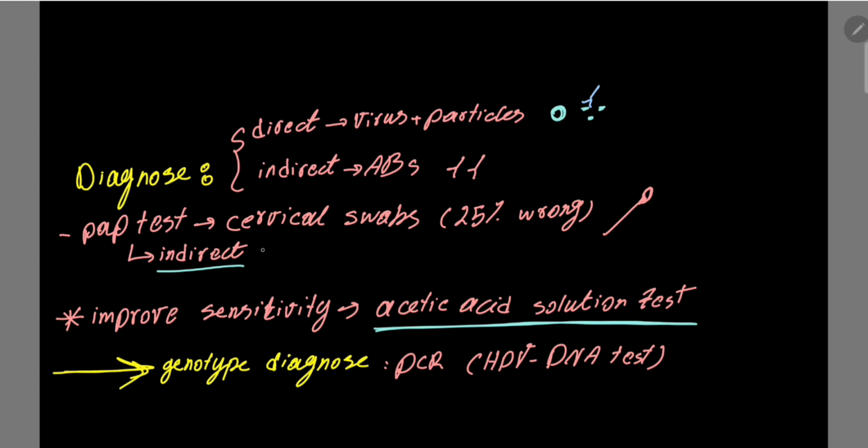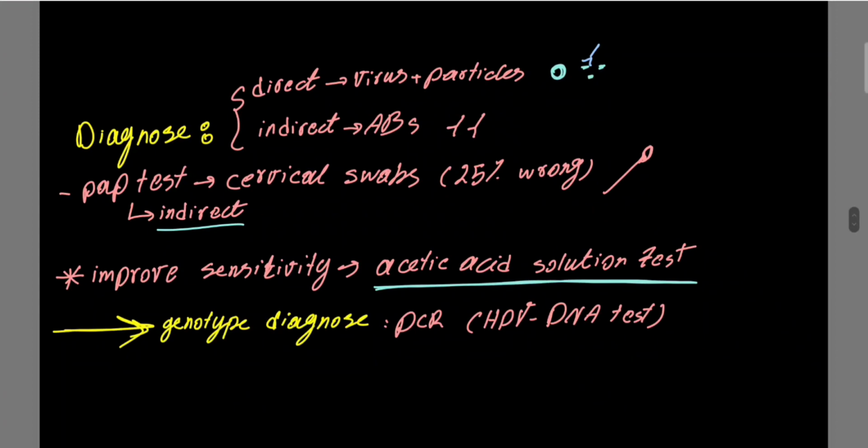We use the pap test, which is cervical swabs, and it's 25% wrong, and it is also an indirect one because we are not searching for the virus itself but the antibody. And we can also improve the sensitivity of the pap test by the acetic acid solution test. So we can use acetic acid solution to make it more sensitive.